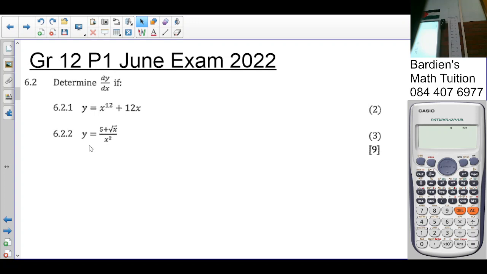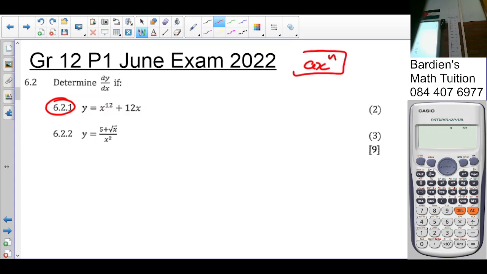So 6.2.1 is in the form of ax to the exponent n. Once it's in that form, I can apply the derivative. So this would give us dy over dx, the derivative of y with respect to x, equal to 12x to the 11 plus 12.